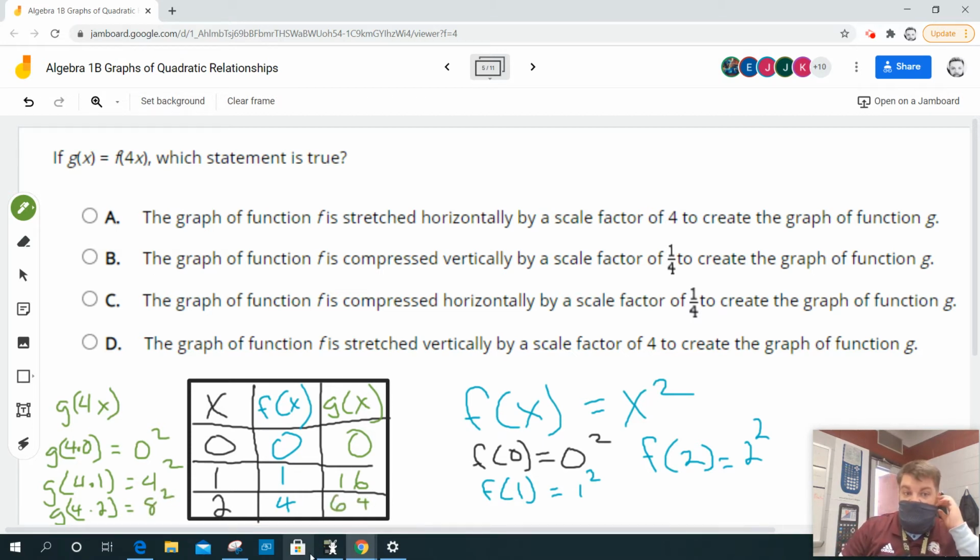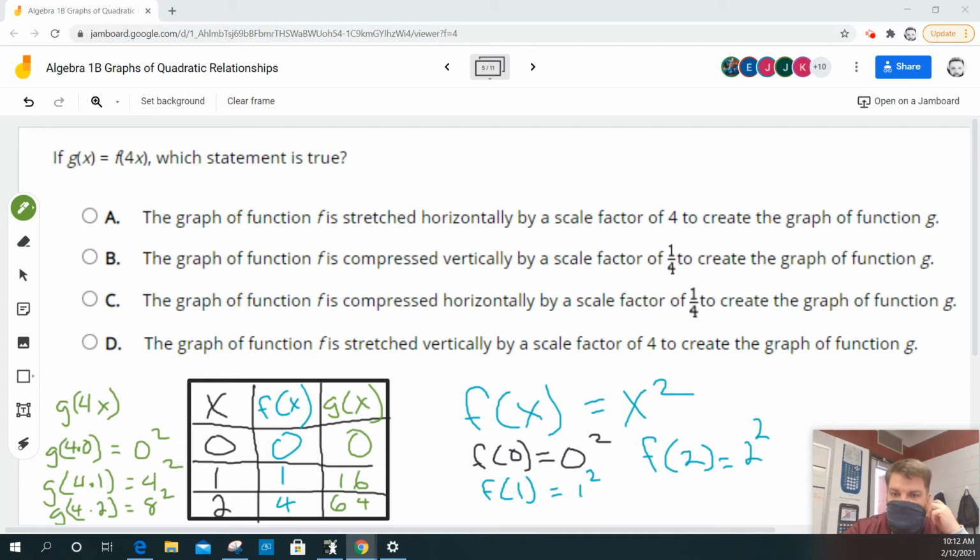So that changes things quickly. So what I need to do is figure out which one of these, and we'll graph it real quick and see. But something's occurring to the graph. Now, if it's inside the parentheses, it's a horizontal stretch or compression. Okay? Now, it's the inverse of it.